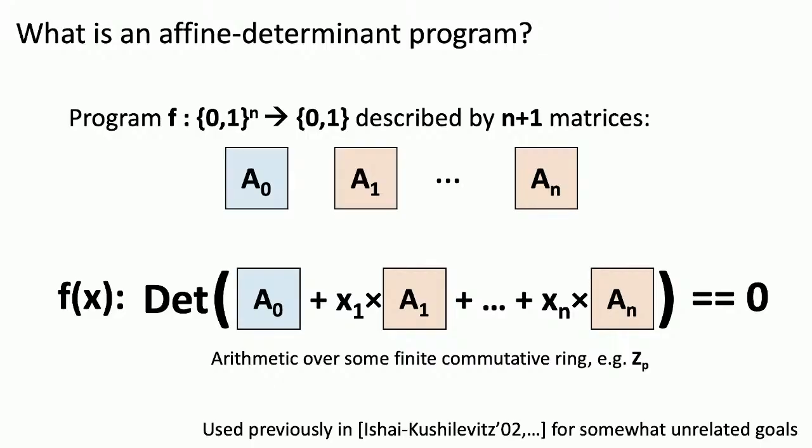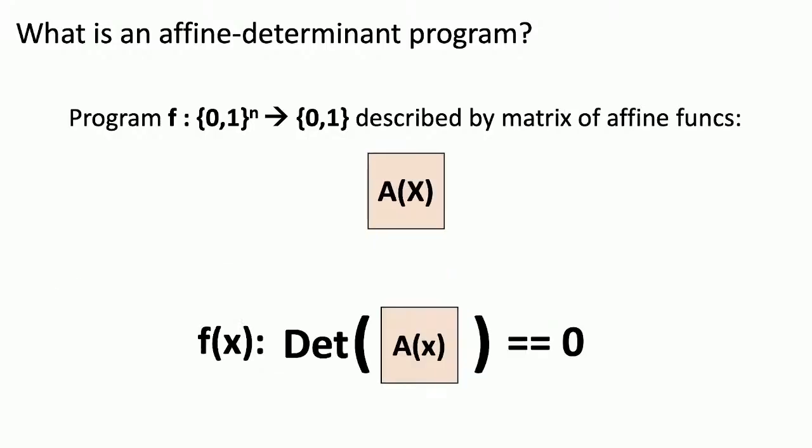And this is a very old structure also. It was used for somewhat unrelated goals. It was used to get cryptography in very low depth, because the process of converting your function into this affine determinant program can be done very efficiently. And so what we're going to do is look and see if we can use programs of this structure to actually do secure obfuscation. All right.